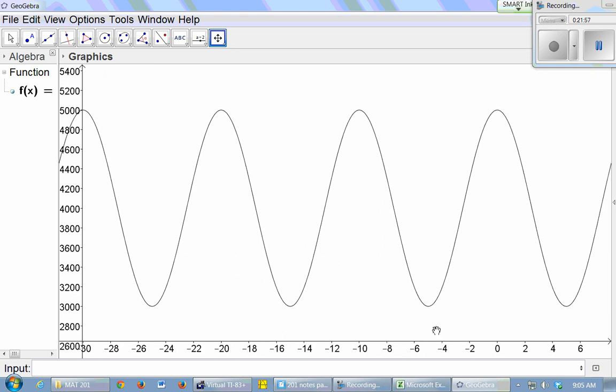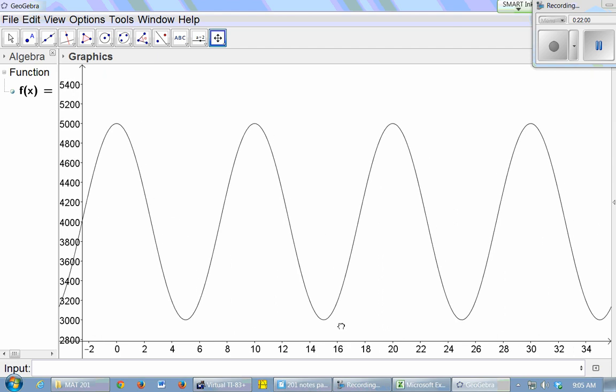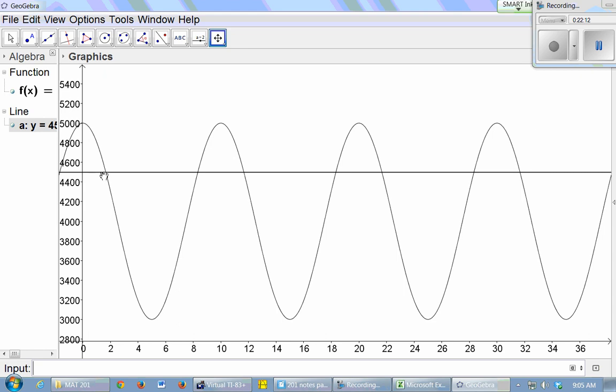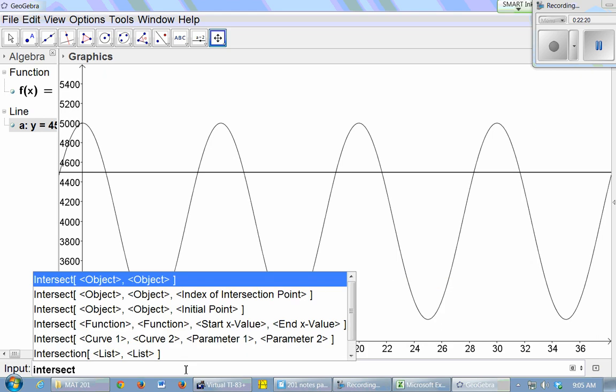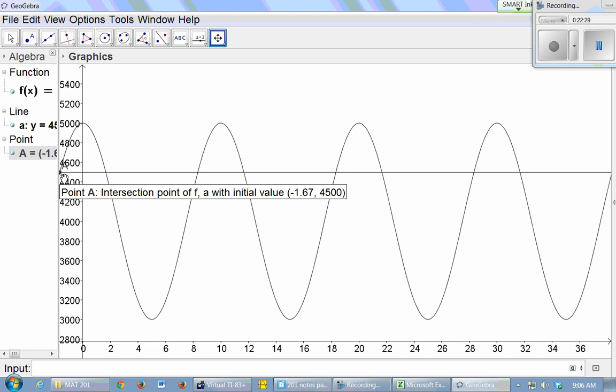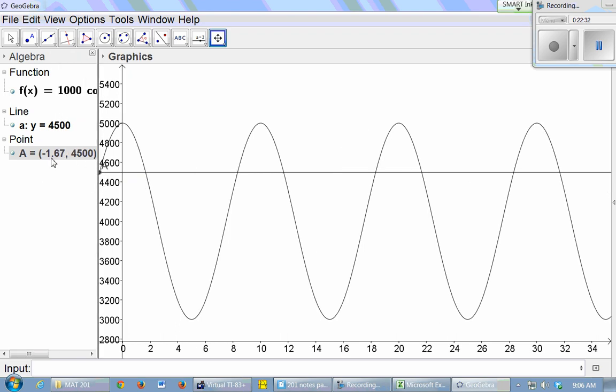All right, let's put 0 there. Perfect. Now I'm going to graph the line y equals 4,500. And so this point right here is the next time that my rabbit population hits 4,500. So I just do intersect f of x, comma a, and it gives me the coordinates of that point.